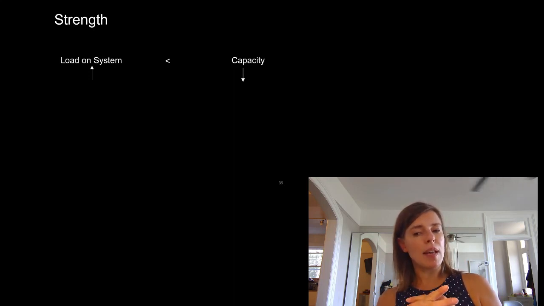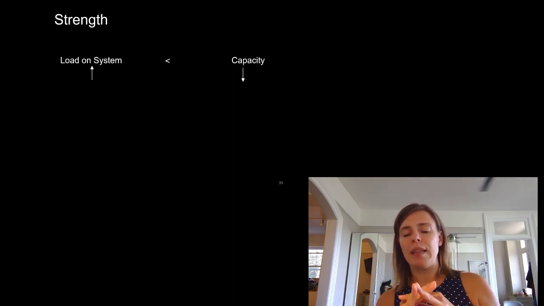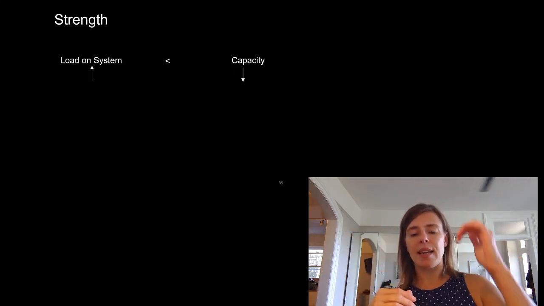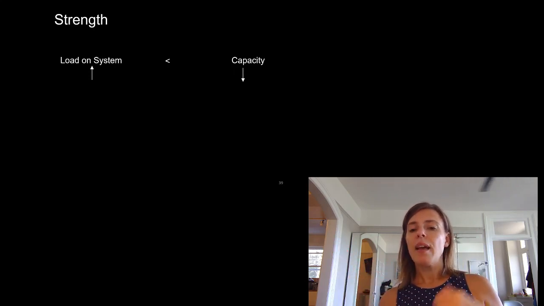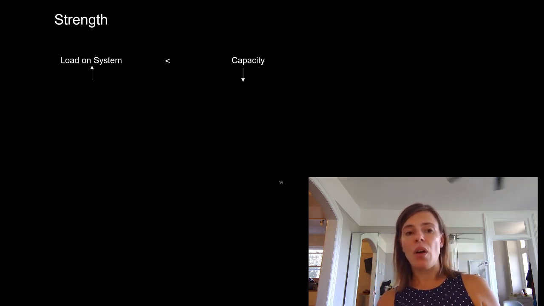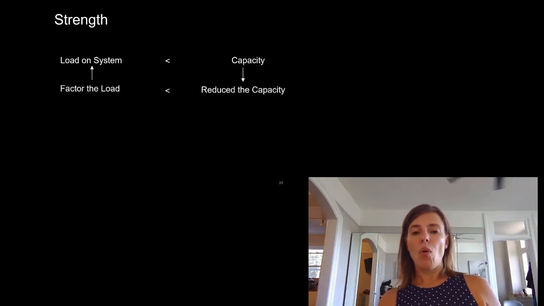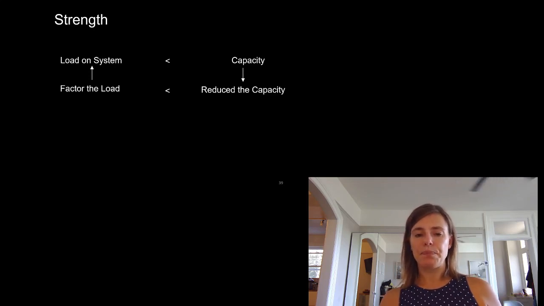Some materials, we might understand how they behave, but we can't be certain that they're as perfect as we need them to be. A good example is wood. Wood grows in the forest and has knots in it. It can have checks. It can dry at different rates, and that can all change the capacity of the wood. So we need to have different factors or reductions in capacity depending on the material type. So we're going to increase the load on the system, and we're going to decrease the capacity of the system. Or we could say we're going to factor the load and reduce the capacity.